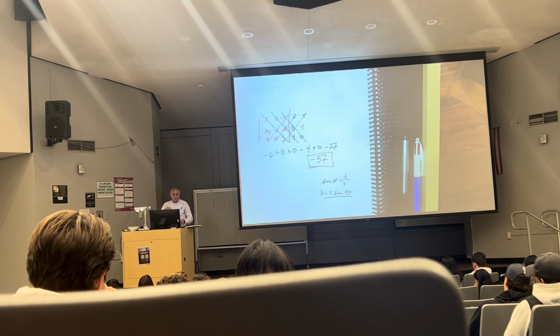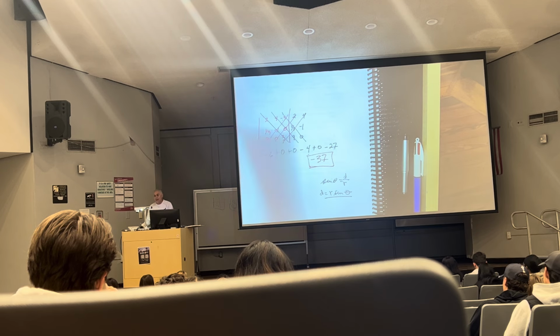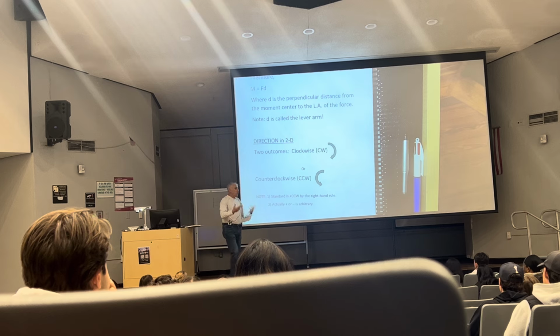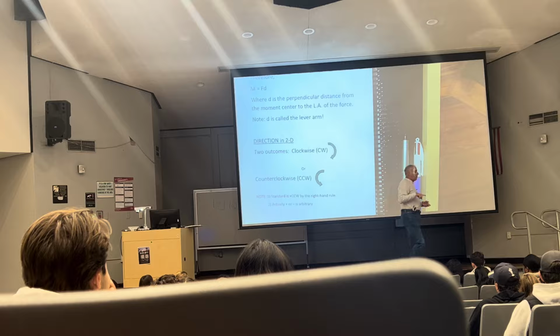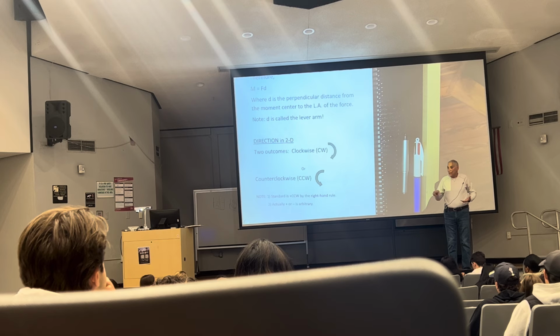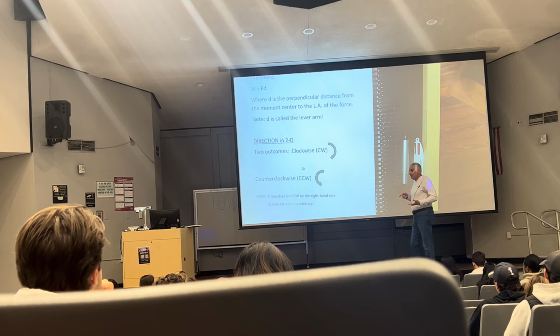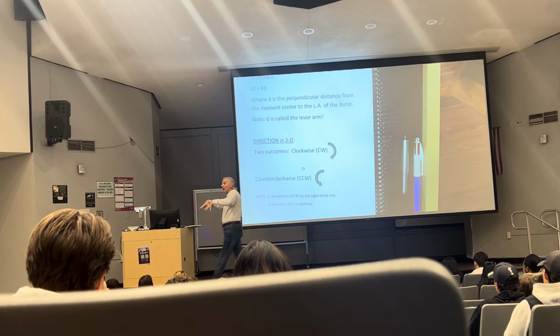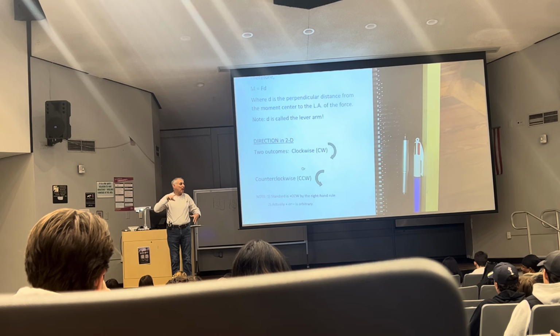Now, force times distance gives me the magnitude. Moment is a vector, so I need directional sense. Well, in 2D, I'm either going to be clockwise or counterclockwise. That's it. I can't have any other directions in 2D. Clockwise or counterclockwise. What is standard positive? Standard positive is counterclockwise.